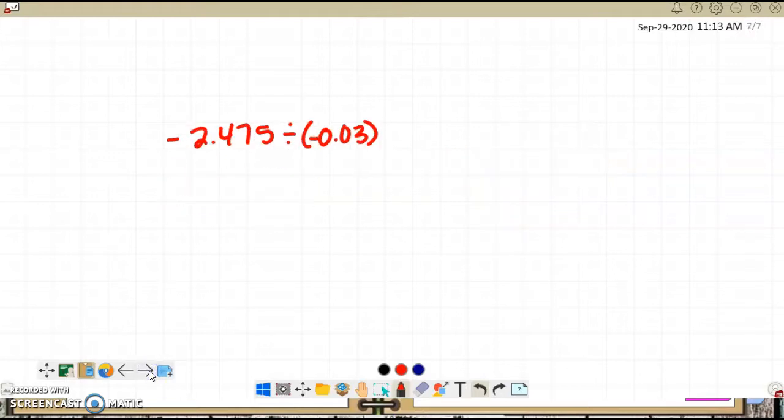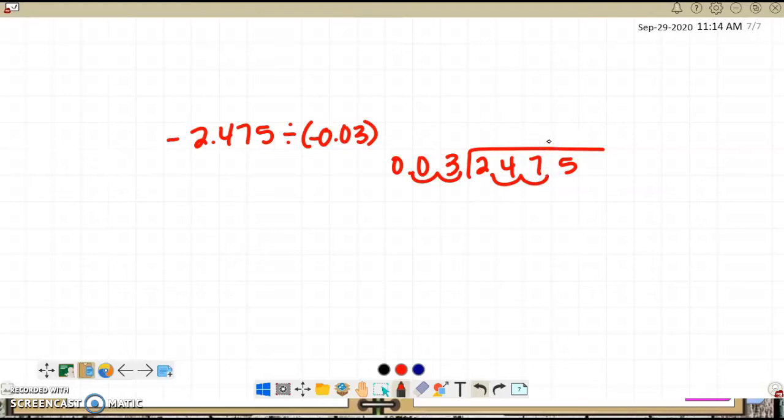And the last one, negative 2 475 thousandths divided by negative 3 hundredths. So my 3 hundredths is coming on the outside. And 2 475 thousandths goes on the inside. A negative divided by a negative is a positive, so my answer will be positive. I'm going to move my decimal to the right 2 places. Monkey see, monkey do.